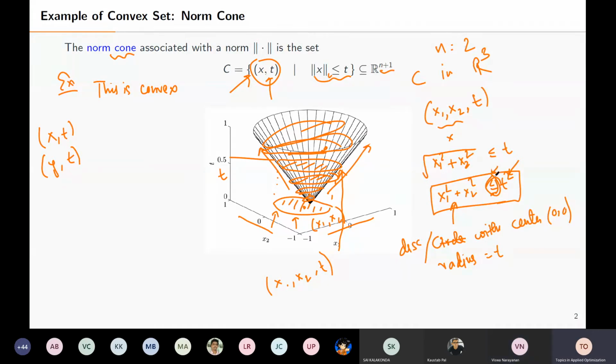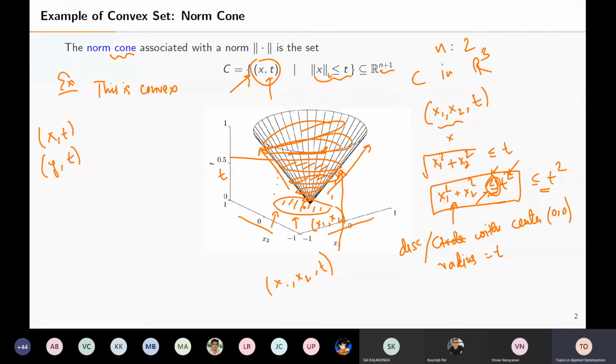The inside points are included, right? Because it's less than or equal to. It's not just points that satisfy the circle, but also the ones that are inside, right? Yes, I get it. So the whole line will be there inside. Okay, good question.